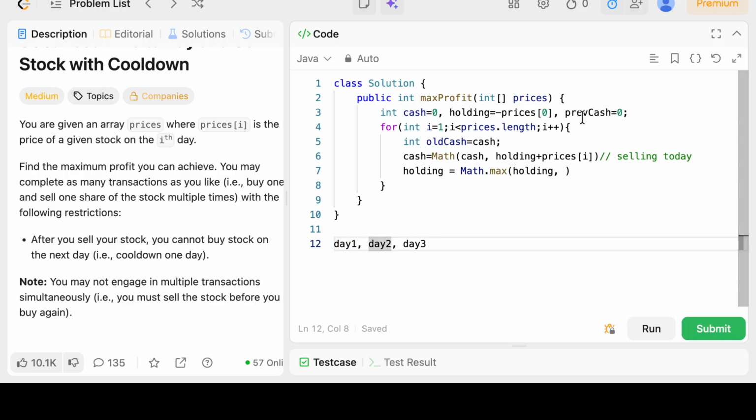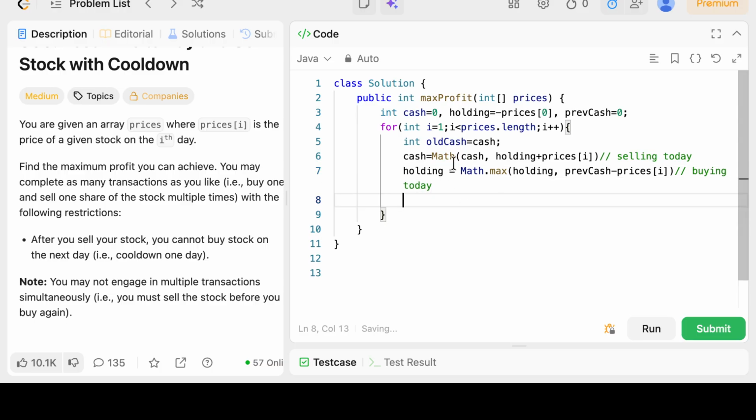That's why I am maintaining another variable, which is previous cash. Whatever previous cash we have, we utilize it to buy stock at the current day's price, so we subtract today's price when buying. We also need to update previous cash: previous cash is equal to old cash. At the end, just return the cash we have made so far.